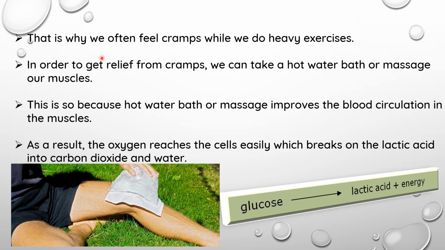At that time our muscles perform anaerobic respiration without the presence of oxygen, and lactic acid and energy are produced. When more lactic acid is produced, it accumulates in some of our muscles and we feel pain, which is called cramps. That is why we often feel cramps while we do heavy exercise.